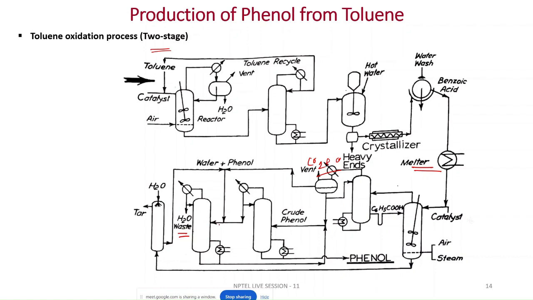So this is a very simple two-stage process, because there is one oxidation process and then a second oxidation process, so that's why it is a two step process.